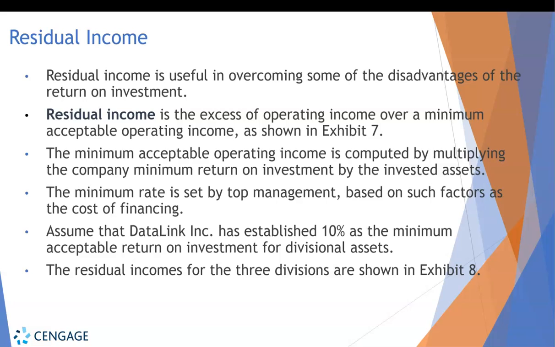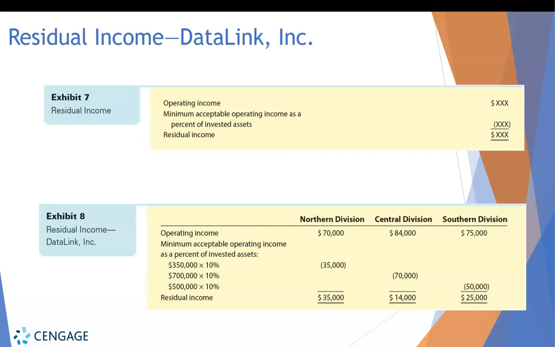So we'll see the residual incomes for the three divisions. As you see on this slide here, for Exhibit 8, the Northern Division has more residual income, sitting at $35,000, than do the other two divisions, even though it has the least amount of operating income at $70,000.